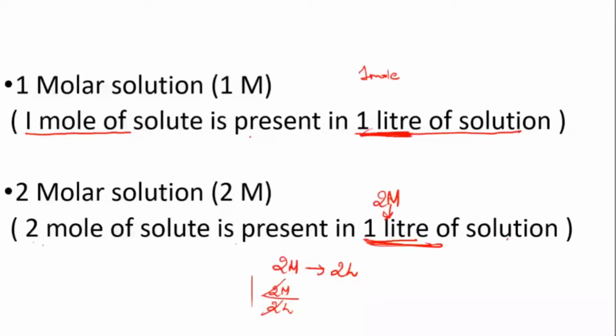So see the difference, understand. If 1 mole is dissolved in 1 liter, that will be 1 molar. If 2 moles are dissolved in 1 liter, then it will be 2 molar. But if you change the volume here, then the molarity also will change. So keep that in mind.